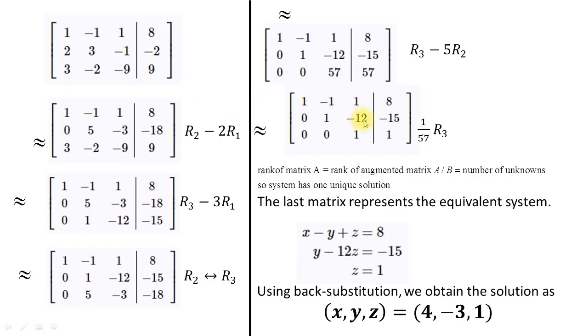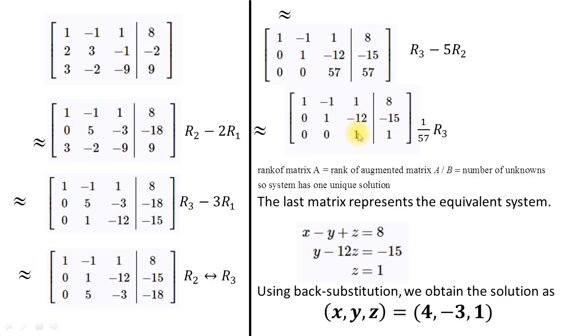Now note here, the rank of this matrix A is 3. There are 3 non-zero rows. So the rank of matrix A is 3, and the rank of the full matrix: if these two entries were zeros, then the rank of A will be 2, and the rank of the full matrix also will be 2. But if this number is 0, then the rank of A will be 2, and if this number is non-zero, then the rank of the augmented matrix will be 3.